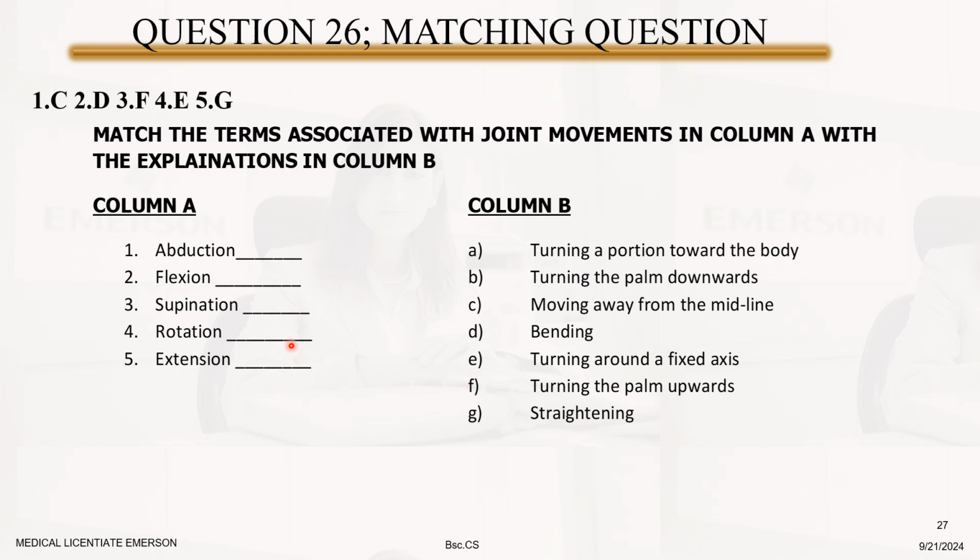Then 4E: turning around a fixed axis, that is rotation. Then extension, 5G, which is straightening. So that's some of the things we need to know.